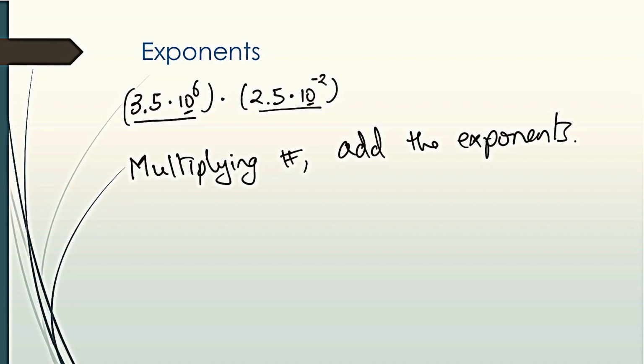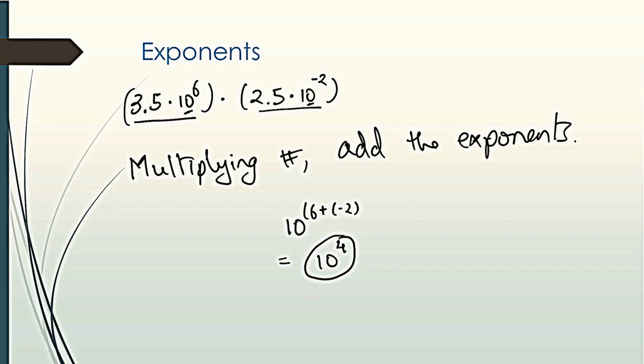By adding the exponents, what I get is 10 to the 6 plus negative 2, which gives me 10 to the 4th power. And so I've taken care of my exponent part.